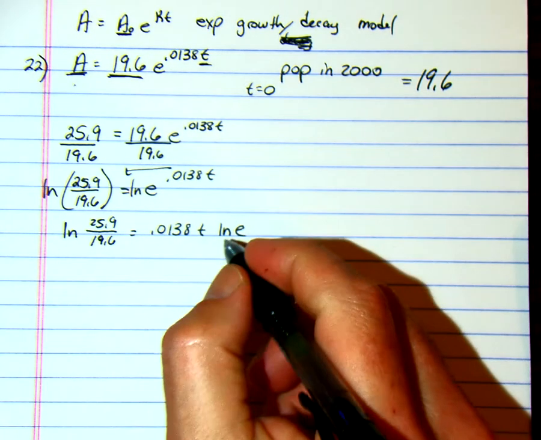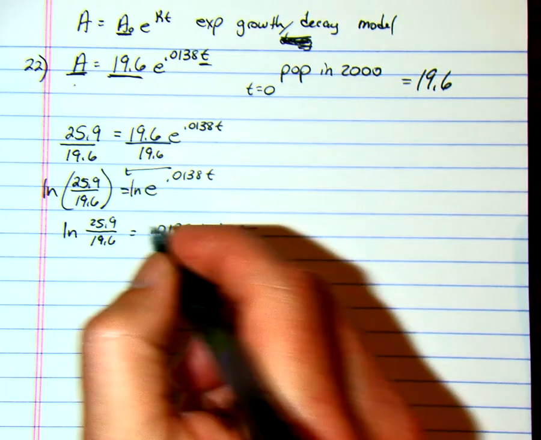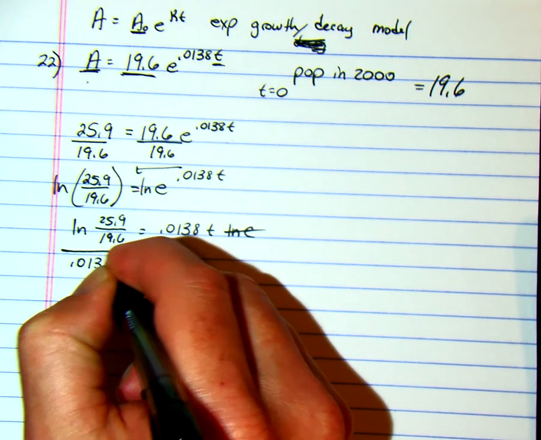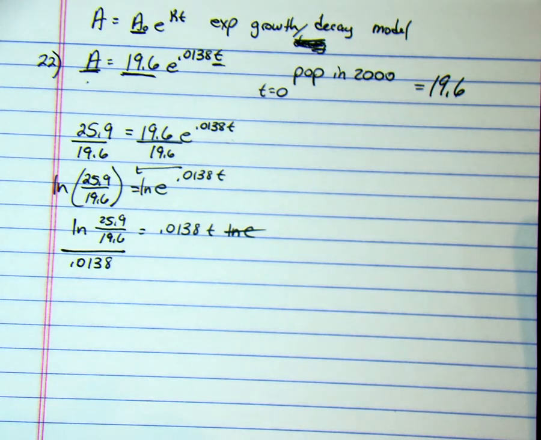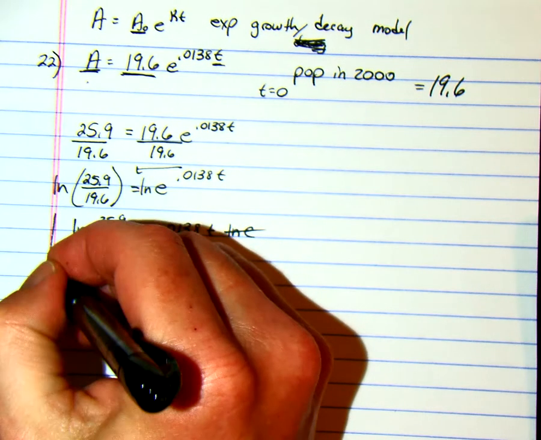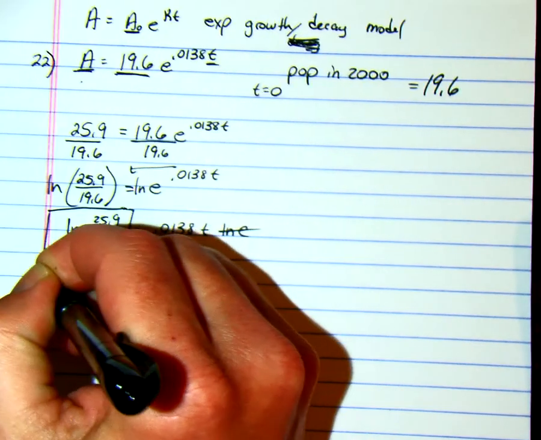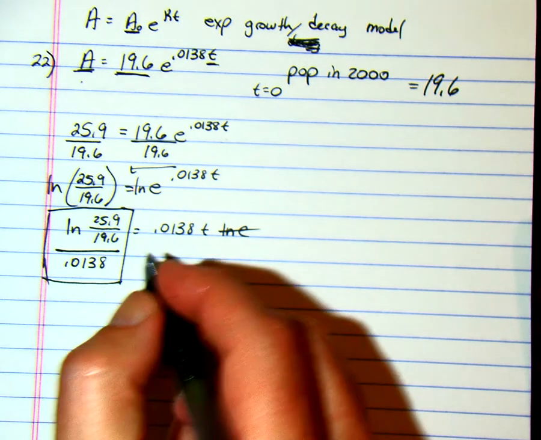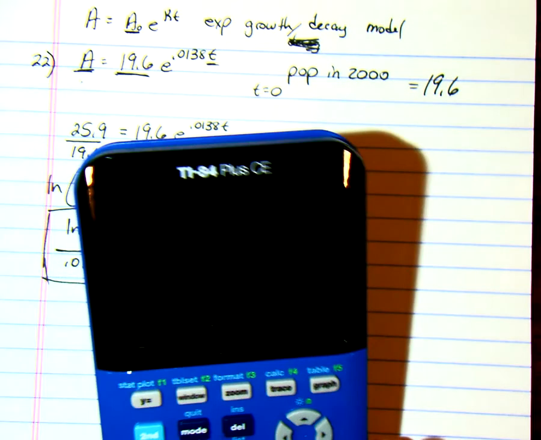The natural log of e is a lovely thing because it goes to 1. So in reality we just have to divide by 0.0138. I don't think we have to put it in terms of logarithms anymore; we just need the decimal value.